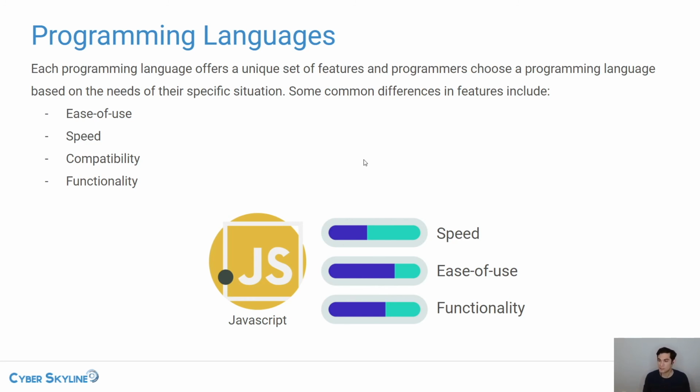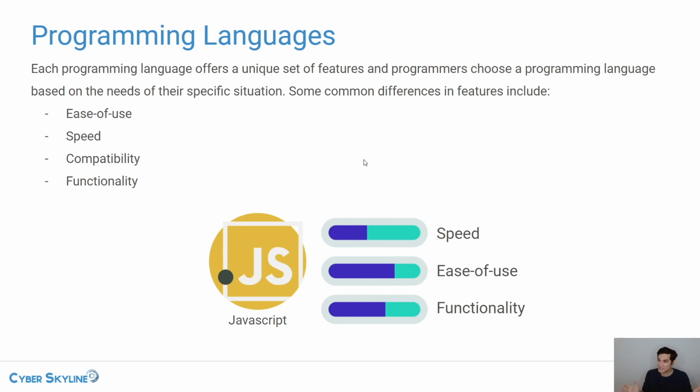And the last one here is functionality. I kind of tied this in with ease of use, but some of the tasks in the programming language, if they're automated and abstracted away from you, then you don't have the ability to be very specific in what you want the computer to do, because some of those commands are handled behind the scenes, automated for you by the programming language. So you can imagine programming languages having their own stats sheets.